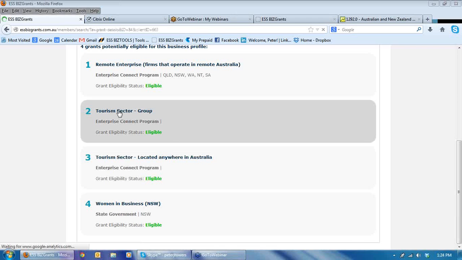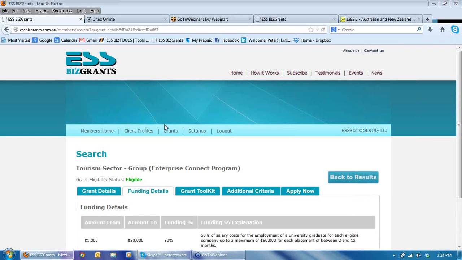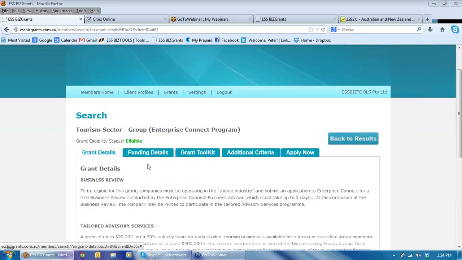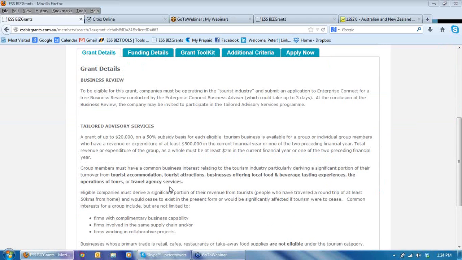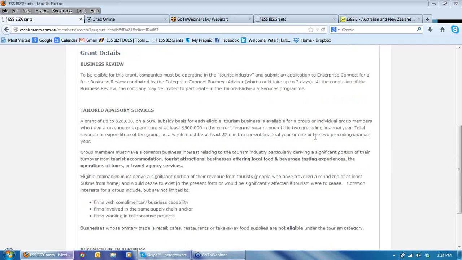So you can click onto that and say, okay, first of all, you get the grant details. Now, this is a grant that's available for a group. So it's a number of businesses. The minimum turnover is $500,000, and the group must have a total turnover of at least $2 million.